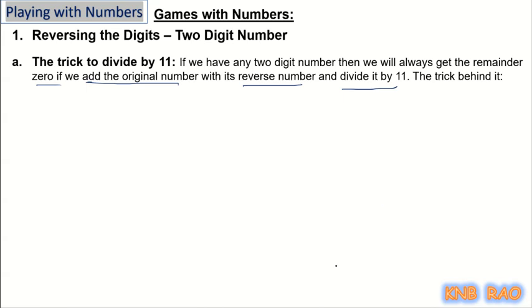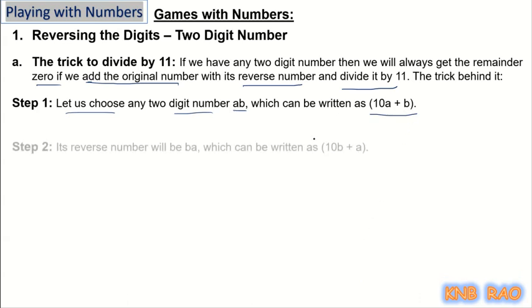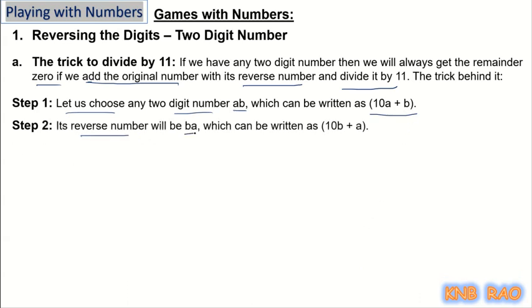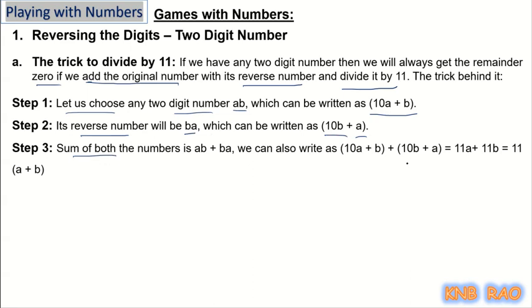The trick behind this is, step 1, let us choose any 2-digit number such as AB. You know it can be expanded as 10A plus B. Now, after reversing the number, we get BA, it is nothing but 10B plus A. Now, if you do the sum of both, we get 10A plus B added to 10B plus A. 10A added to 1A gives 11A, 10B added to 1B gives 11B.